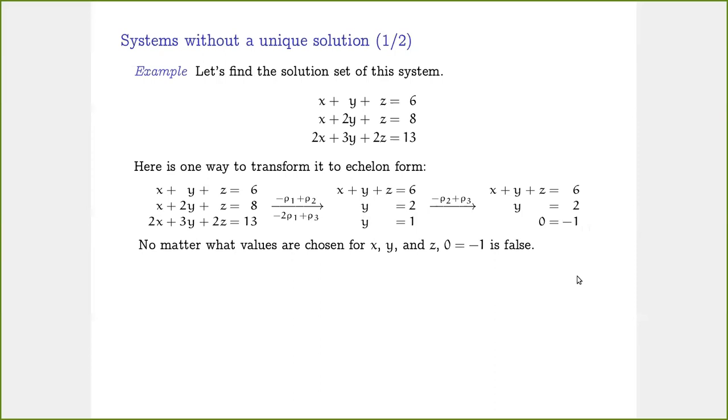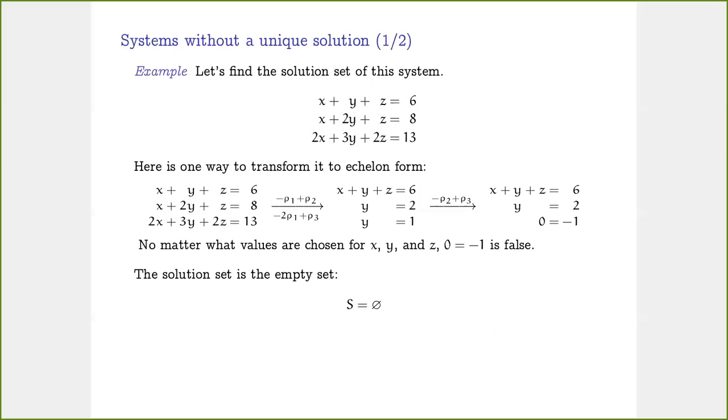No matter what we choose for x, y, and z, 0 equals minus 1 is false. Therefore, in the original system, there's no way to choose x, y, and z to avoid the contradiction, because these two systems have the same solution set. Okay, so the solution set is the empty set.